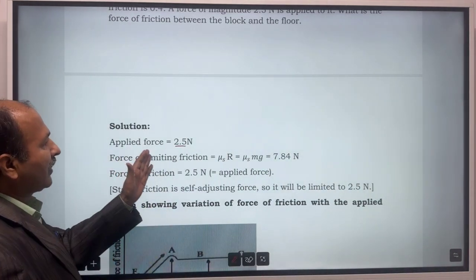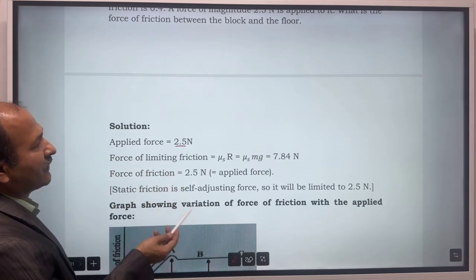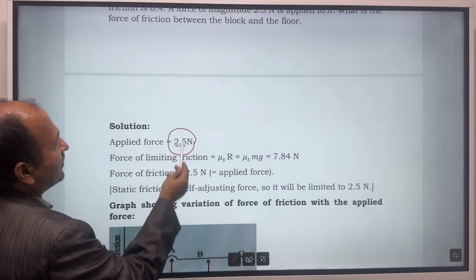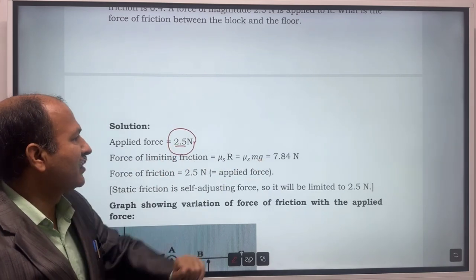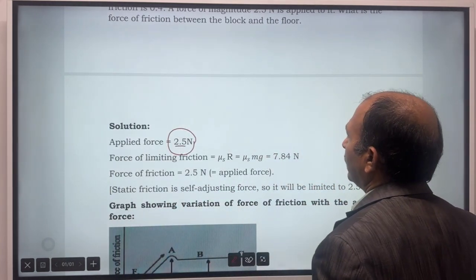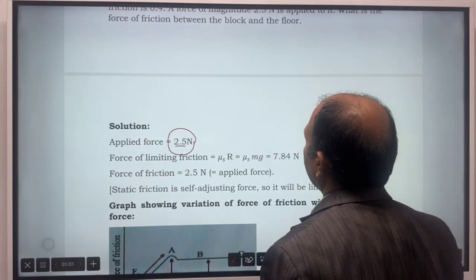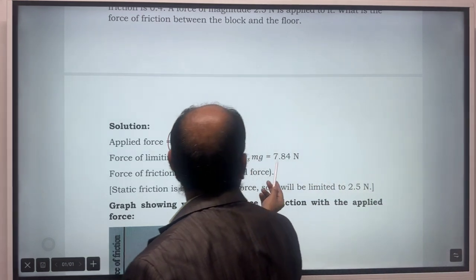So whatever force you apply until body starts moving, that will be called friction. So here friction will be limited to 2.5 Newton only, even if limiting friction is this much. Limiting friction means this is the highest value of friction after which body will start moving. So that does not matter.